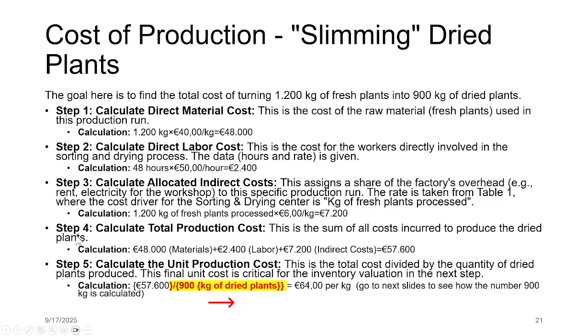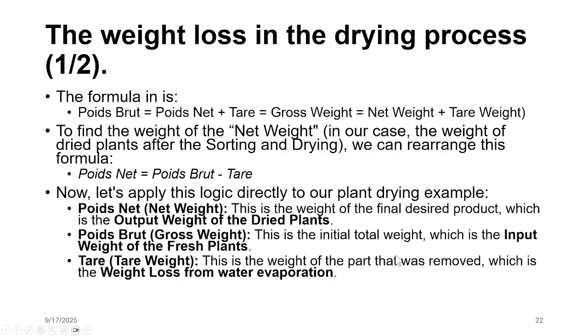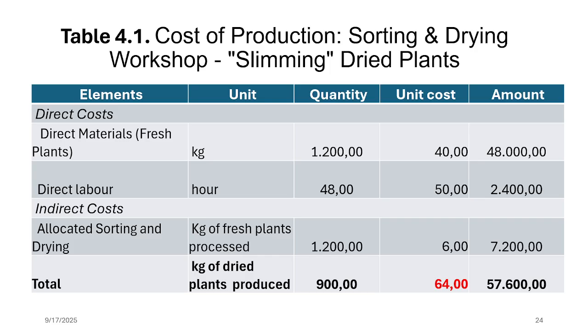Next, we continue to calculate the total production cost. This is the sum of all costs incurred to produce the dry plants. It means that we have 4,800 from the first step for material, 2,400 for the labor cost, and 7,200 for indirect cost. So in sum we have 57,600 here.